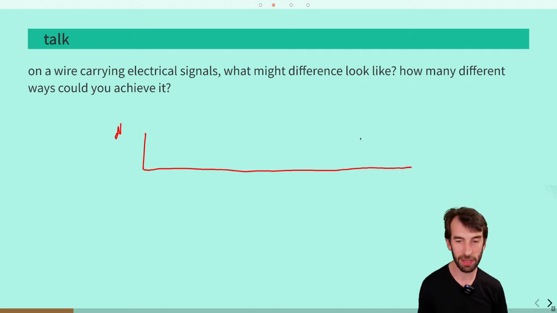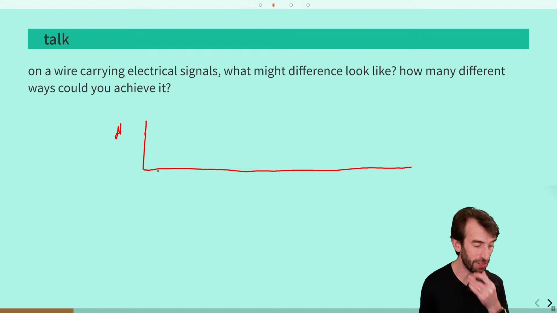I guess the thing we can do with an electrical signal is change its voltage. So we can change the electrical potential between something we would call 0 volts and then some top end.